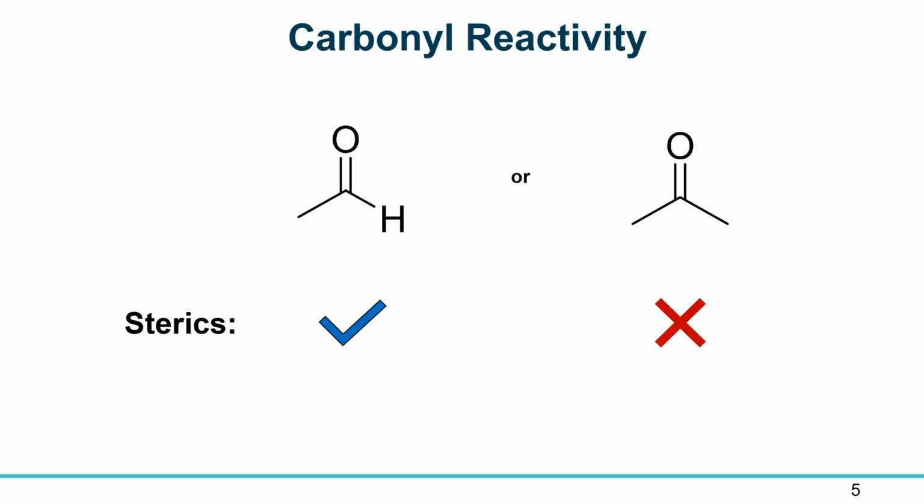For electronics, ketones have two electron-donating alkyl groups attached to the electrophilic site, which can help stabilize this electron-poor carbonyl carbon, making it less electrophilic. Whereas aldehydes only have one electron-donating alkyl group attached, which means the carbonyl carbon is more electrophilic.